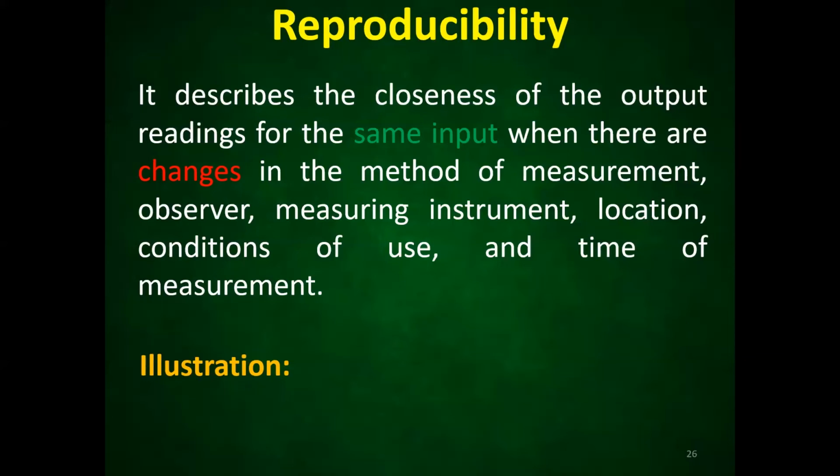It may stay constant or it may change, right? But if that instrument gives the same output, that means 22.33 meter again, then it is called reproducibility of that instrument.